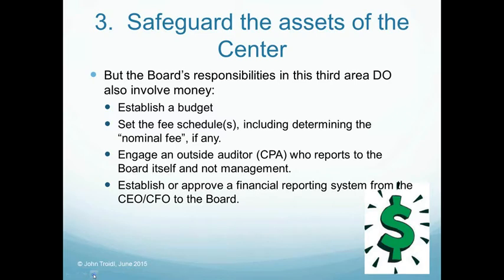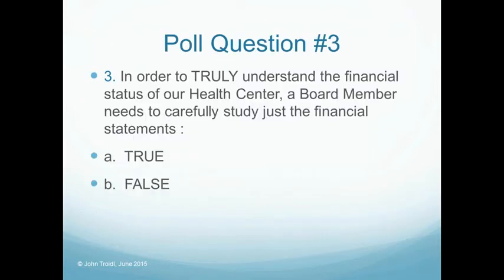It's not like the board is expected to set up a financial reporting system itself, but receive a proposal from the management staff about financial reporting, and the board then provides guidance to the staff to determine whether or not that reporting system meets the needs of the board of directors for setting policy and making decisions at the board level. Next slide. So we have another poll question just to keep you on your toes.